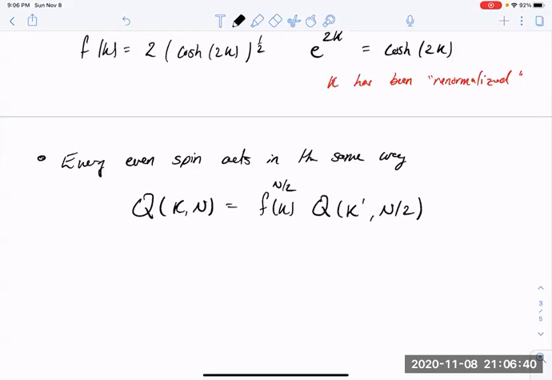There's now a relationship between the original partition function with n spins and the new partition function with half the spins and a new effective coupling constant.